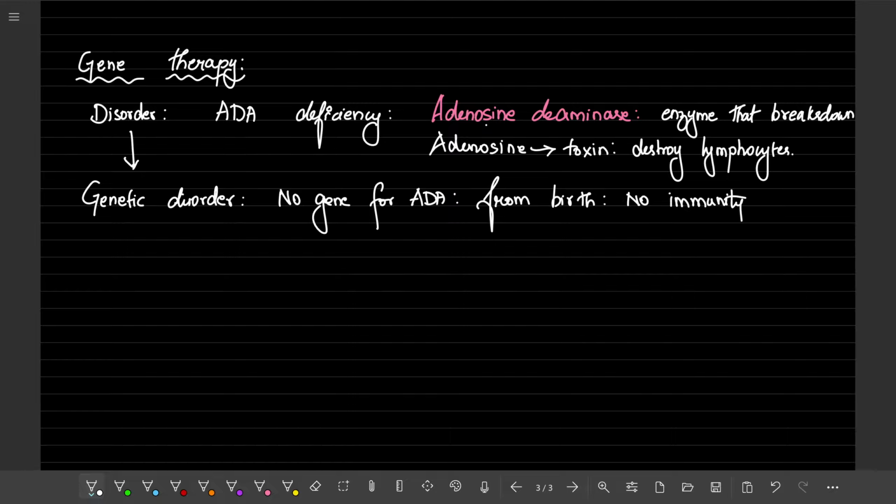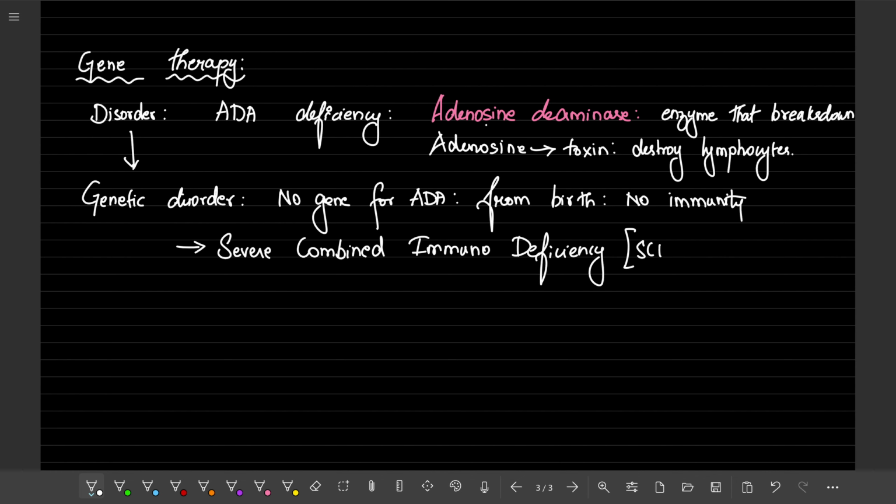There is no immunity. Now this type of disease, ADA deficiency, leads to something that is called severe combined immunodeficiency, which is referred to as SCID, also commonly called the bubble boy syndrome. Why?